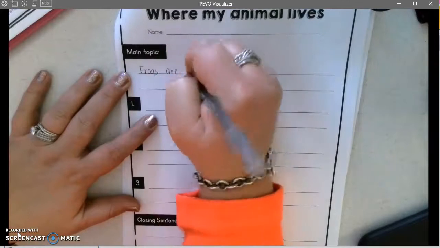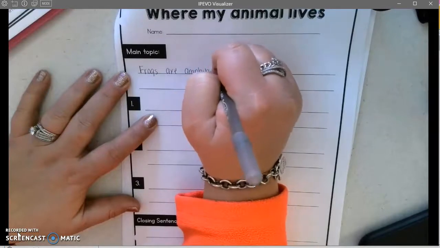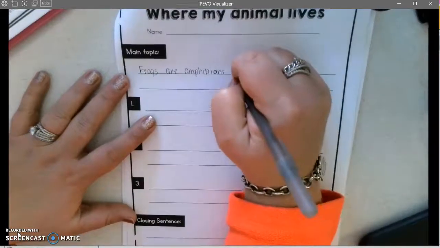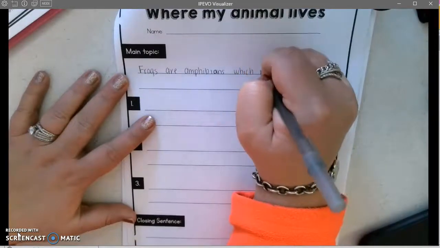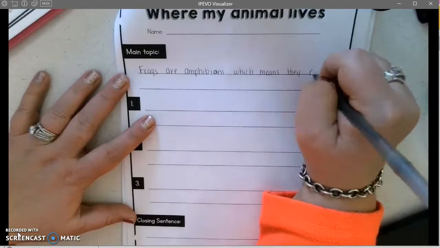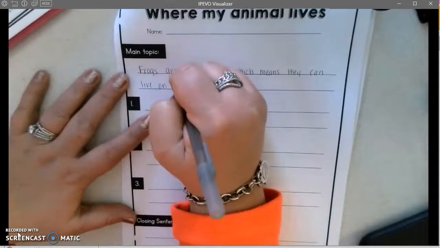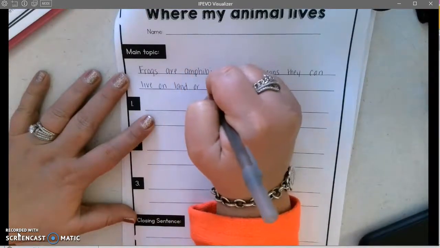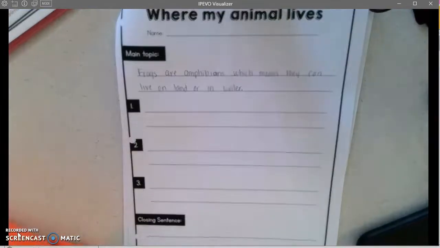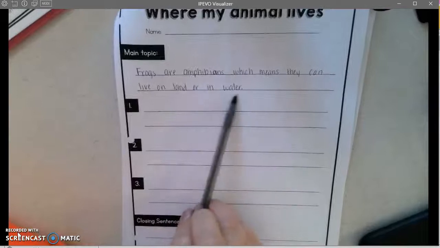Frogs are amphibians, A-M-P-H-I-B-I-A-N-S, which means they can live on land or in water. Okay, so this is my topic sentence. I'm telling you that they can live on land or in the water.